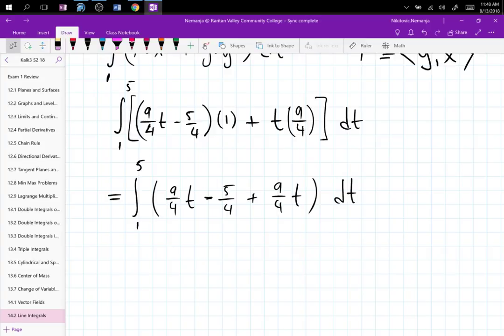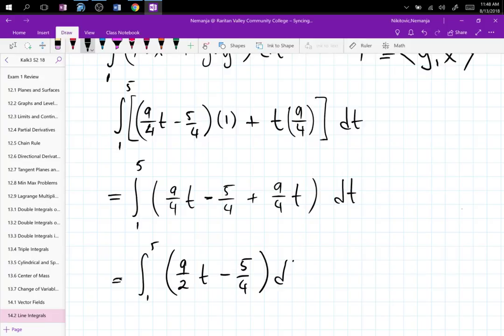This is 9/2, so we have integral 1 to 5 of 9/2 t minus 5/4 dt. Integral of this is going to be 9/4 t squared minus 5/4 t, computed from 1 to 5.